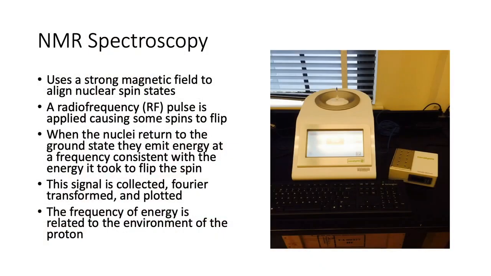And because there's an energy difference associated with getting the spin to flip, there's also an energy difference associated with when it goes back to its ground state. So it will emit energy at a certain frequency depending on the environment of the proton. We can measure the energy that gets emitted and plot it, Fourier transform it, and then you get an NMR spectrum. This is the really quick 5-minute version.